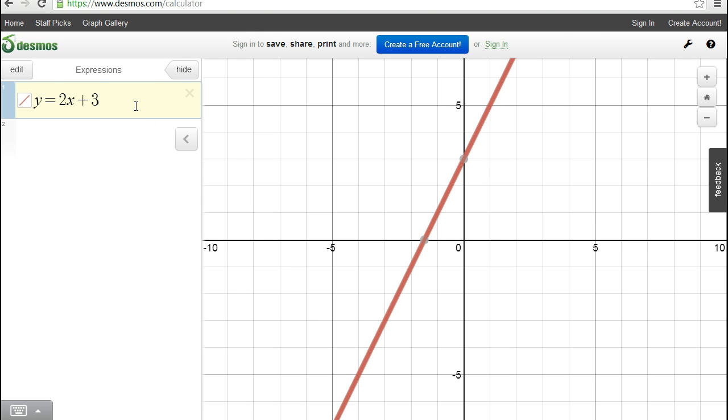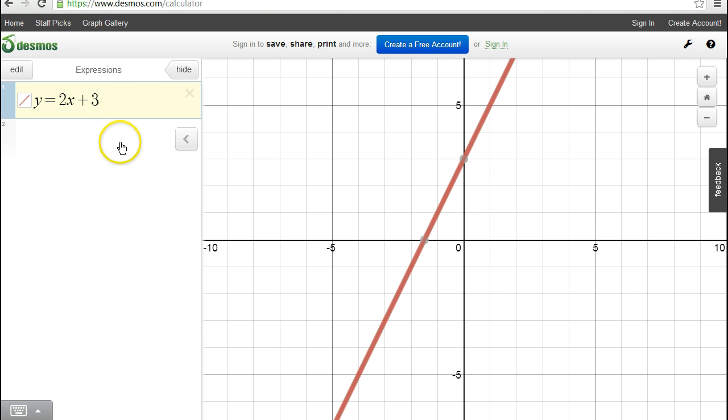Pick any point, like 0, 3, the easiest one. When you plug 0, 3 into this equation, the left side will equal the right side, right? It becomes true. What about if I plug in 1, 5? The left side will equal the right side. Every point on this line is a solution to this equation. Is that okay?